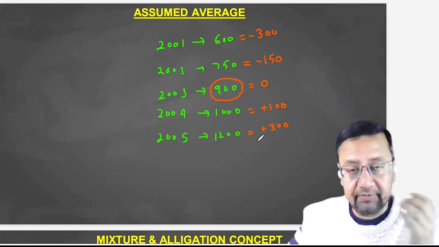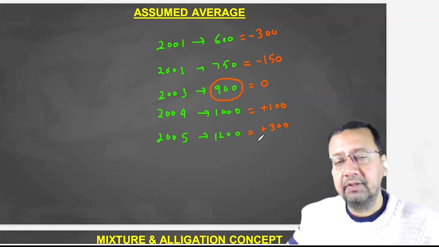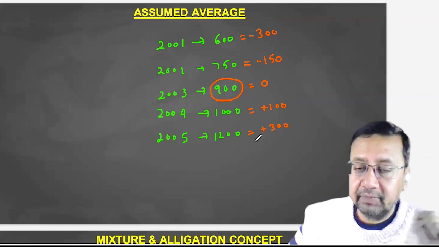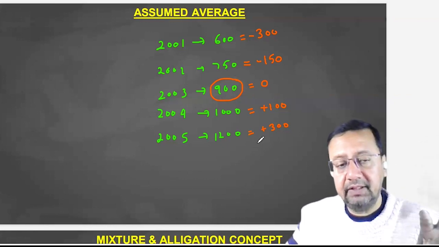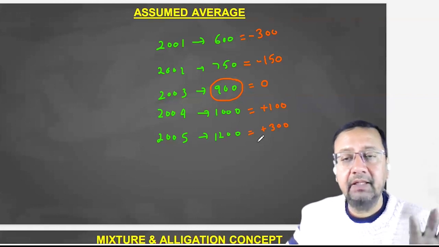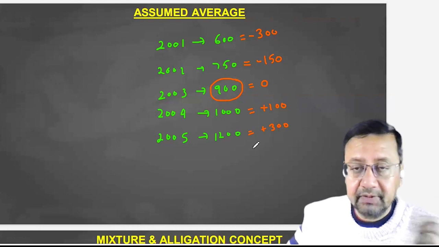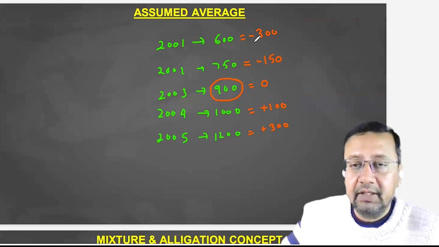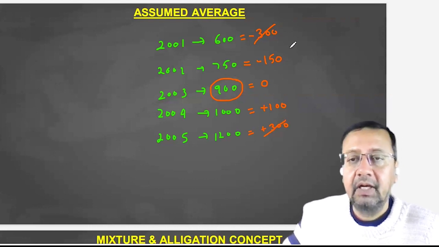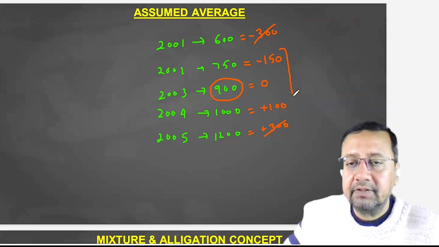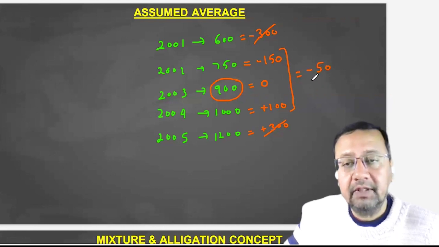And what is the definition of average? Adding all the numbers and dividing by the count of the numbers. So when you have written these differences with plus and minus signs, adding will simplify the numbers. Minus 300 and plus 300 cancel out. Minus 150 and plus 100 give a result of minus 50. How many numbers are there? 5.